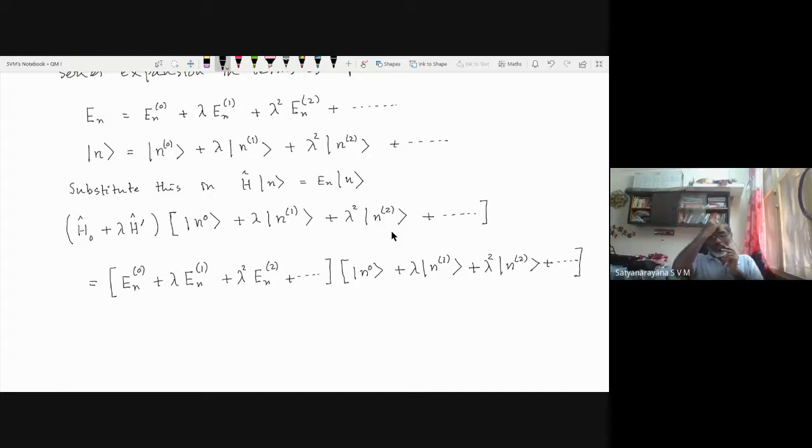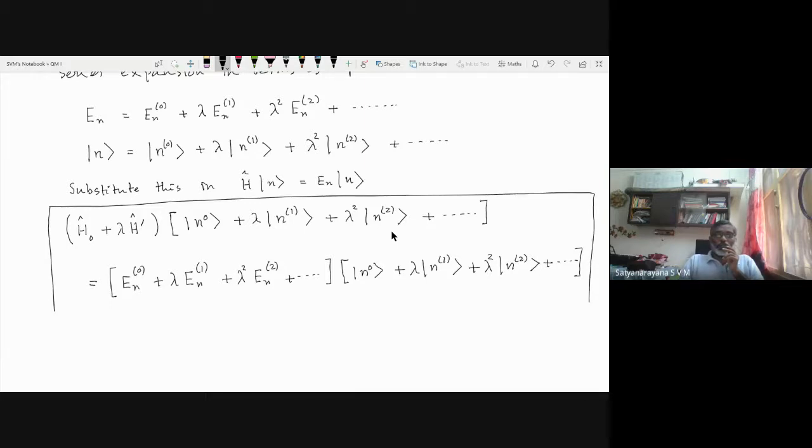This is the equation from which we are going to derive everything. In some sense it is the most crucial equation.